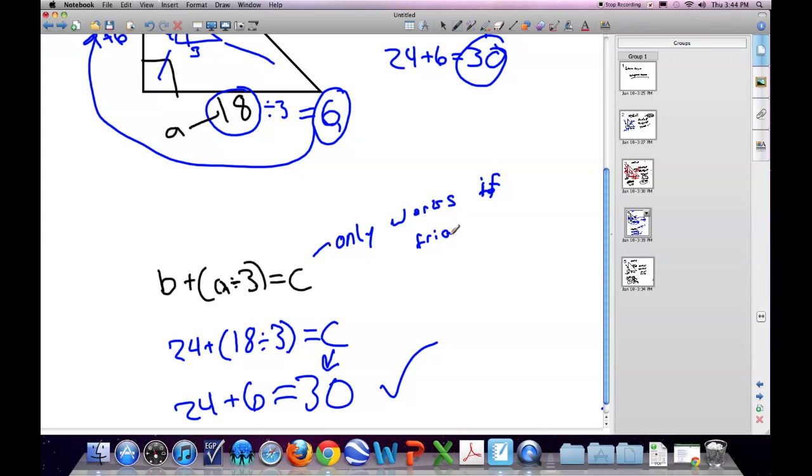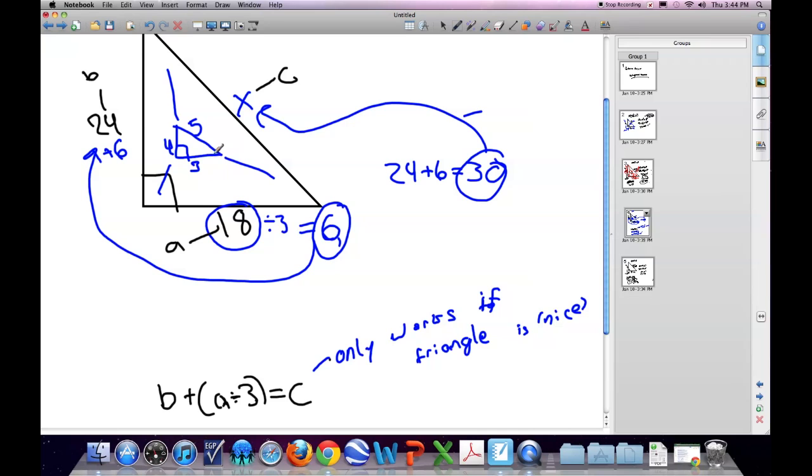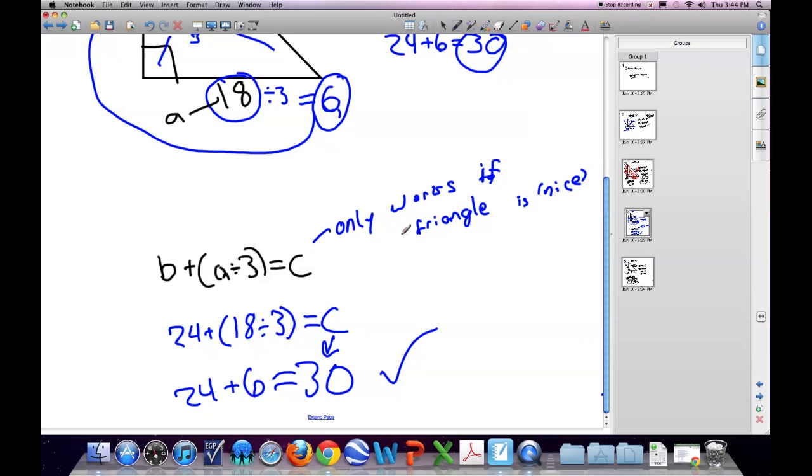The triangle is nice. What I mean by nice is that it's similar to 3, 4, 5. It's got the same angles, and the sides are proportional. So it's proportional, it's similar, and it only works if it's similar to 3, 4, 5.